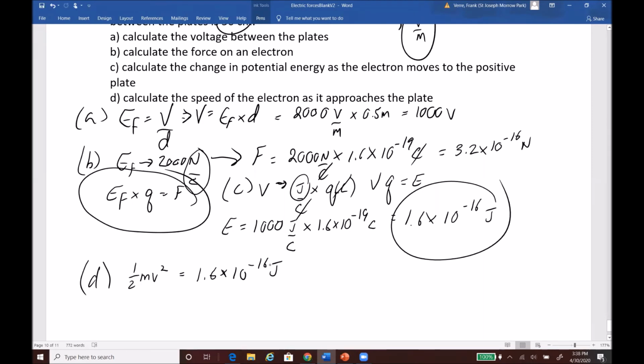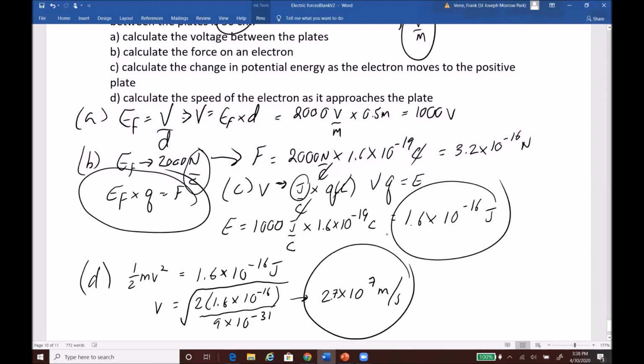So if we do some rearranging, v would be 2 times 1.6 times 10 to the negative 16 divided by the mass of the electron, which is about 9 times 10 to the negative 31. And we square root that, and we will get the velocity of the electron. It works out to about 2.7 times 10 to the 7 meters per second. Okay?